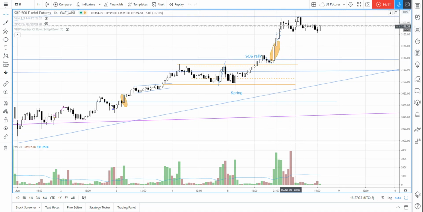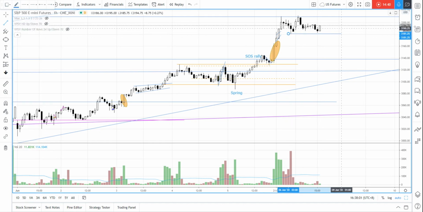So one of the scenarios that I can anticipate at this moment is to have a test at a deeper level, because so far you can see that we have a test of the upside at 3210, and it just had a little bit of a minor upthrust followed by a reaction here, and subsequently it's still trading within this trading range.